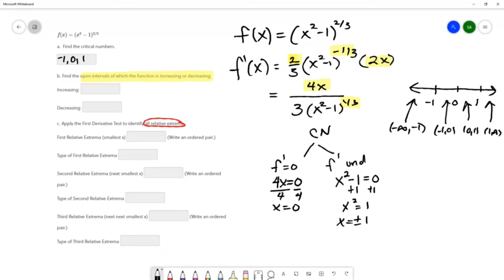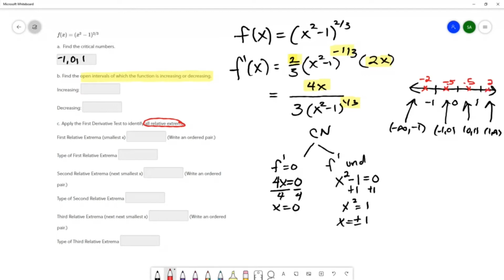We want to know whether those intervals are increasing or decreasing for the original function, and the derivative is going to tell us that. We're going to choose test points in each one of these intervals. I'll choose -2, -0.5, 0.5, and positive 2 as my test points.